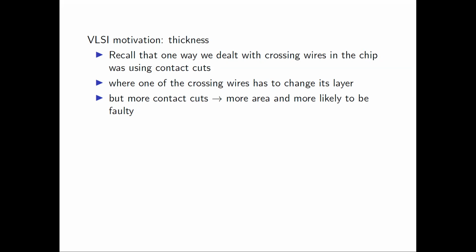Now, for some graphs, like we saw with the complete graph, for the complete graph of order n, the crossing number was theta of n to the fourth. So it was on the order of n to the fourth.